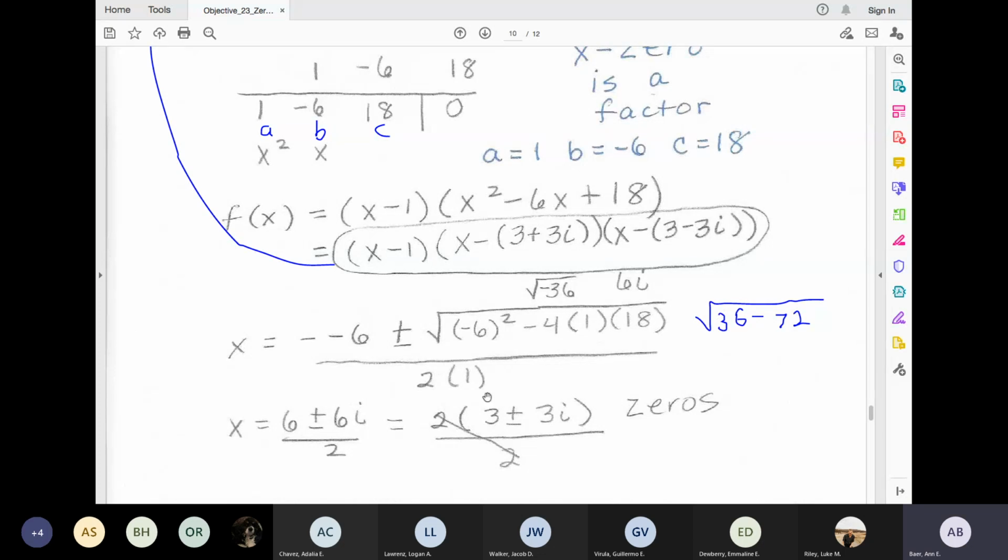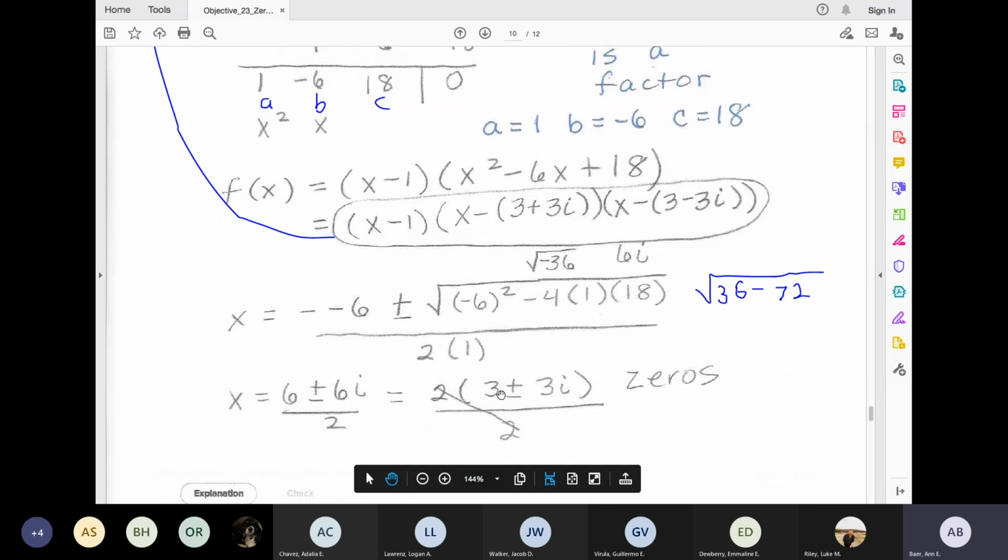But when we put this 3 plus 3i in, we need to put parentheses around it because it has 2 terms. So we have to have one set of parentheses, the outside set, because it's a factor. The inside set we have to have around just the 0.